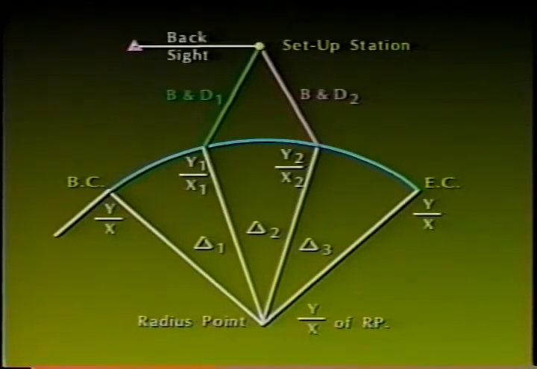All calculations should be done in a logical sequence and be neatly tabulated. There is an increase in computation time for the coordinate method when compared to the deflection angle method, but this increase is more than made up for by the decrease in time required for field layout.